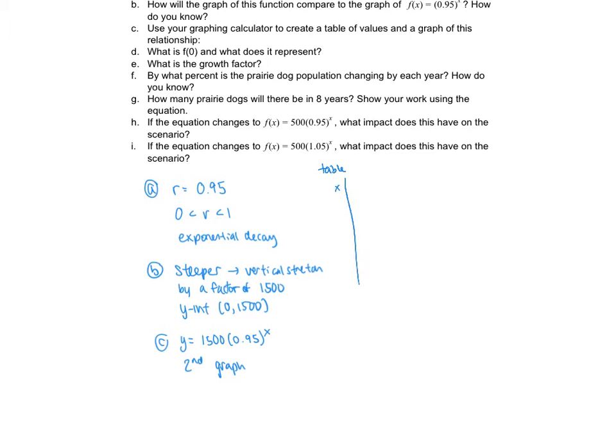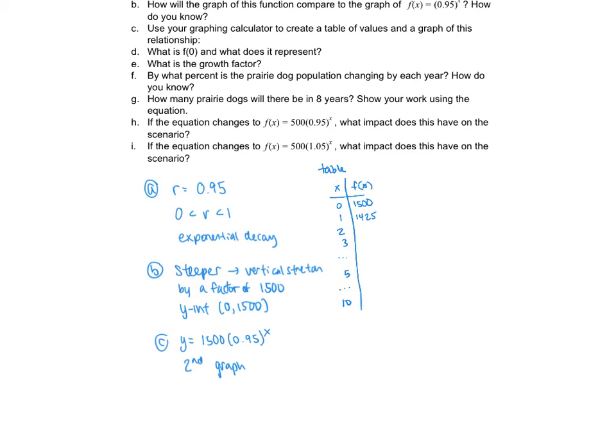In our table, we're going to look at when x is 0, 1, 2, 3. Then we could look at when it's 5, and then when it's 10. So when x is 0, the y is 1500. After 1 year, there's 1,425 dogs.